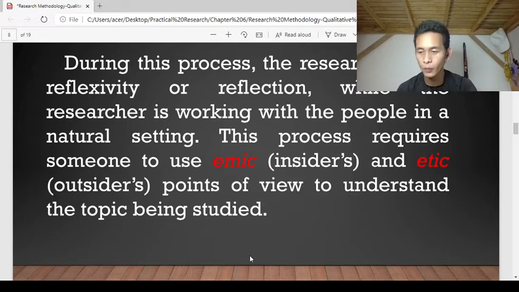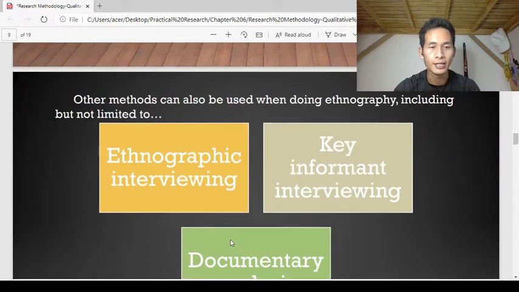You are going to describe, diba, the culture of your respondents in an outsider's point of view, that is etic, and you are going also to describe it in an insider's point of view, that is emic, diba? To understand the topic being studied.